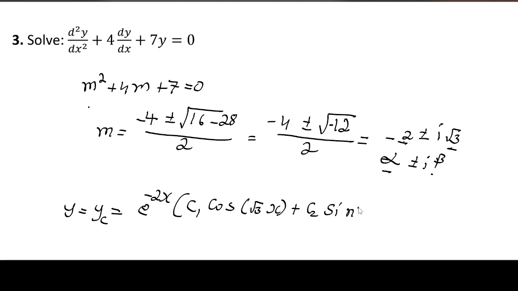This is the complementary function when we have complex roots. I am not going to discuss any problem in the fourth case, but that will be a combination of the second and third cases. So in this series of lectures, we have seen how to determine the complementary function for a given homogeneous differential equation.